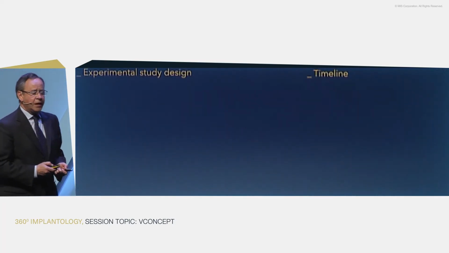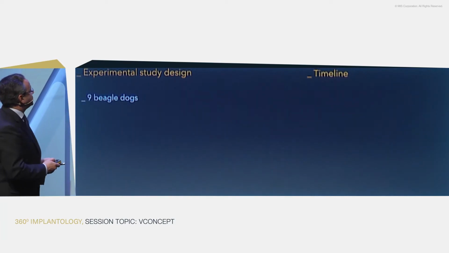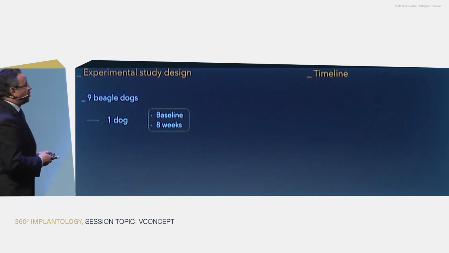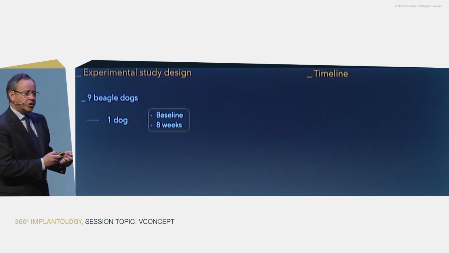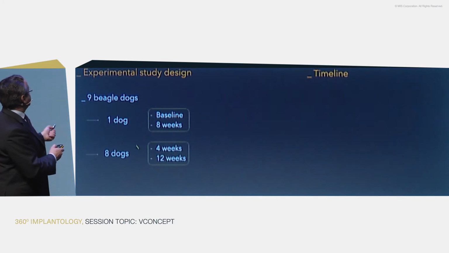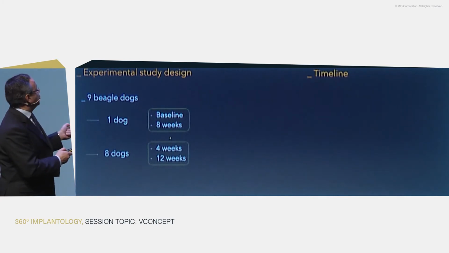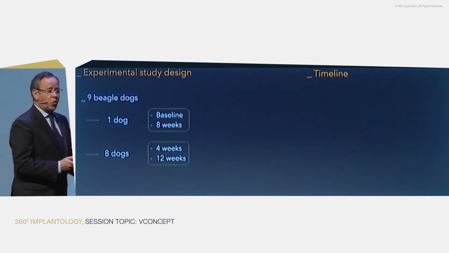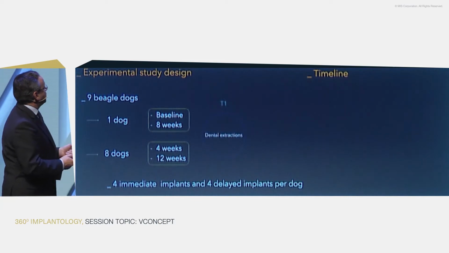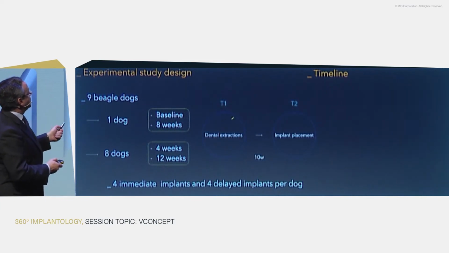So let me share with you the experimental design. We used 9 Beagle dogs. One of them was used as a pilot, but then the study was comprised of the 8 dogs, and we used 2 time points, 4 weeks early healing and 12 weeks late healing. So basically, at T1, we did the extractions.